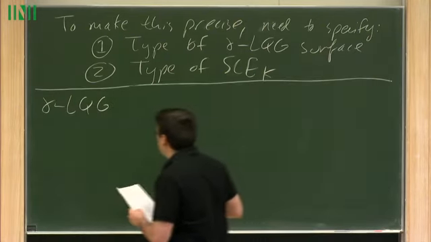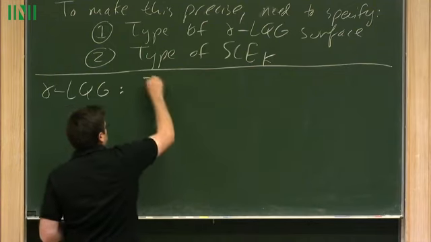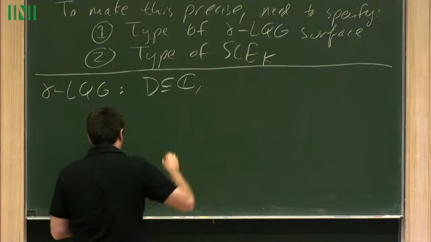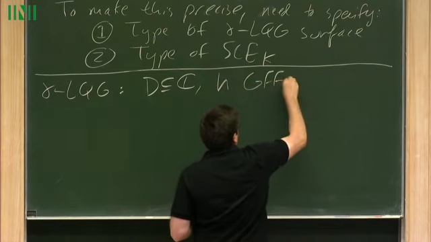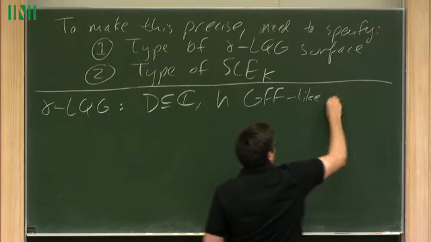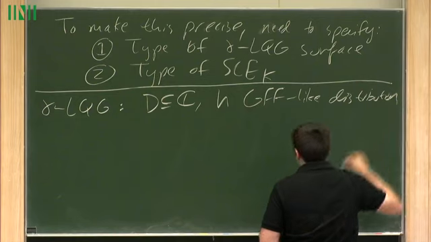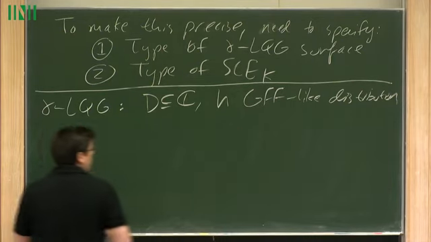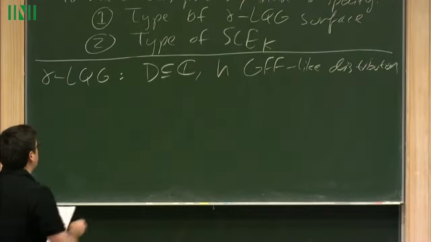So in Liouville quantum gravity, you have some kind of planar domain. D is some domain in the complex plane. And you have this field h, which is a Gaussian free field like distribution. And you have at least two objects that you can define in a relatively straightforward way.